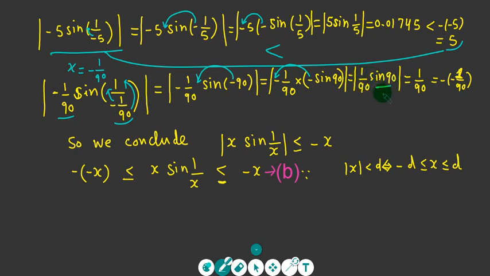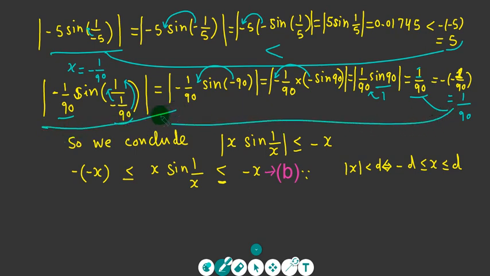So sine 90 is equal to 1. 1 multiplied by 1 upon 90, the answer will be 1 upon 90, and the absolute value of 1 upon 90 is also equal to 1 upon 90. So this is the absolute value of x times sine of 1 upon x, which is equal to 1 upon 90, and the minus x value is also 1 upon 90. Now there is an equal relationship, so we can say that this value is equal to minus x.